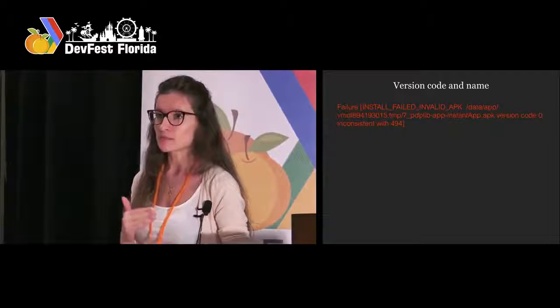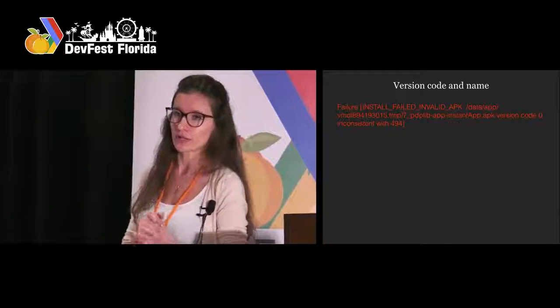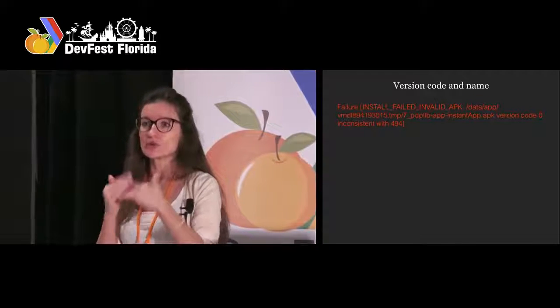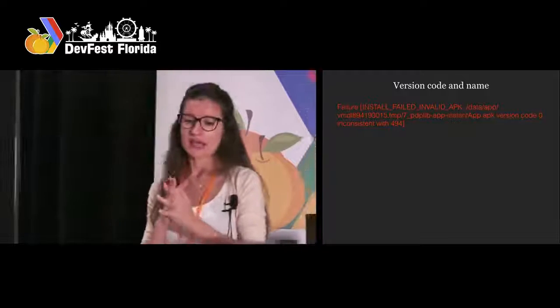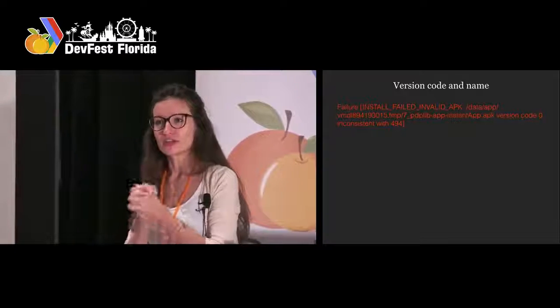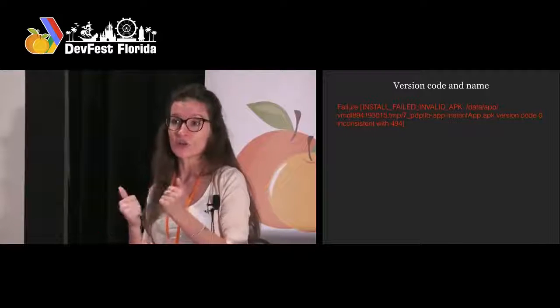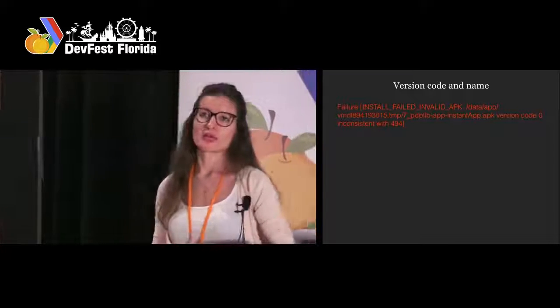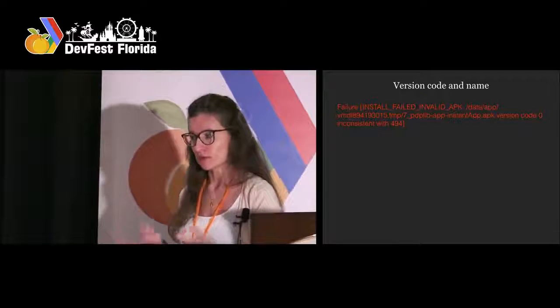I went to the build Gradle file of the base module to verify that the version code is actually 0 and not 494. And as you can probably guess, nothing is that easy. I was able to verify that the version code is actually 494 in the build Gradle file of the base module. Okay, so then where does the 0 come from?